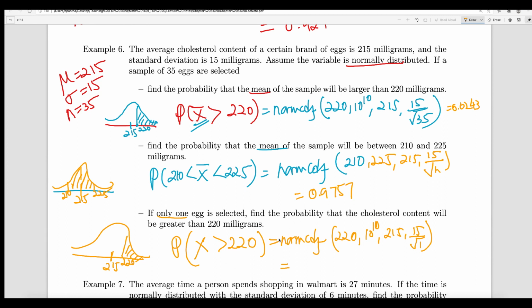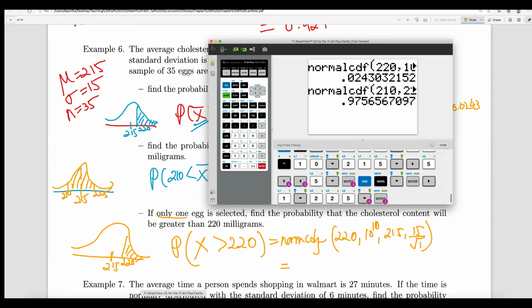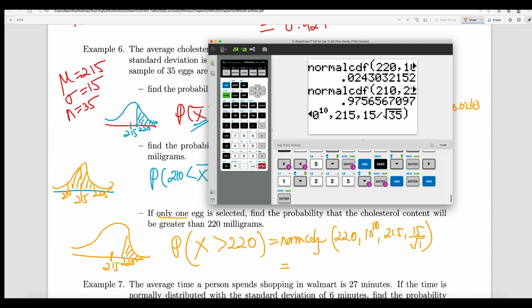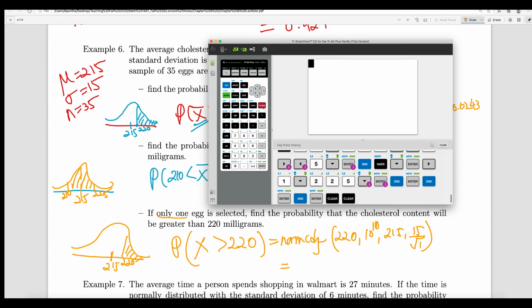Okay, for the last one, you know what, if only one thing is changed, you can do second and then enter. That will copy that thing. Or you can do second and then enter again, which will give you the previous one. Look at that, all those previous ones you can get. If you want to do it a faster way, you can do it that way too.